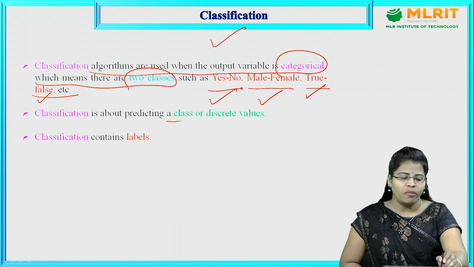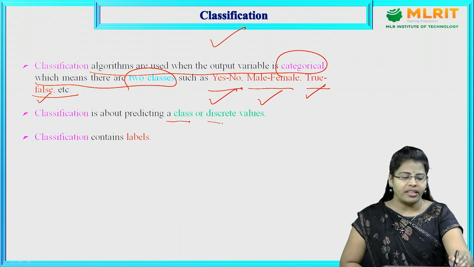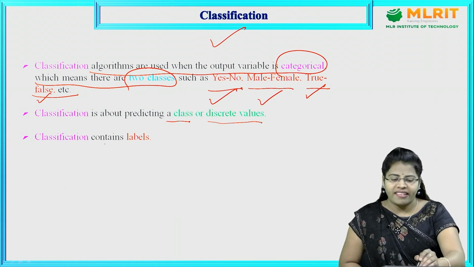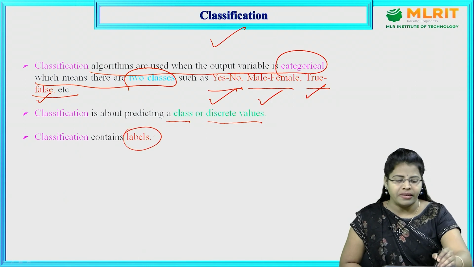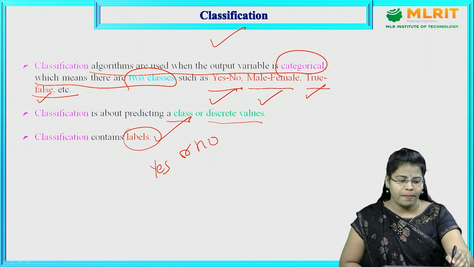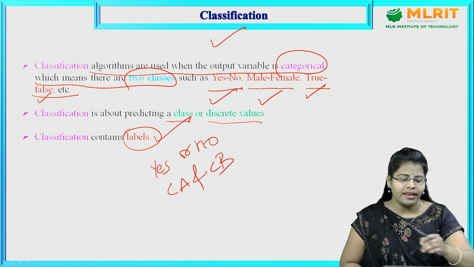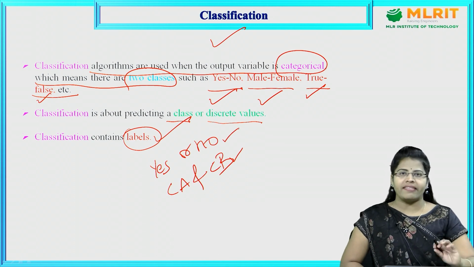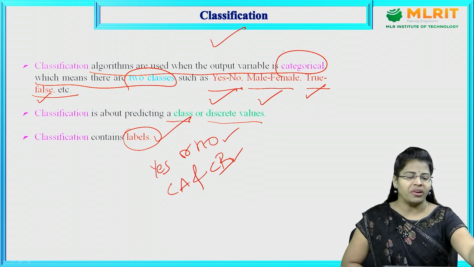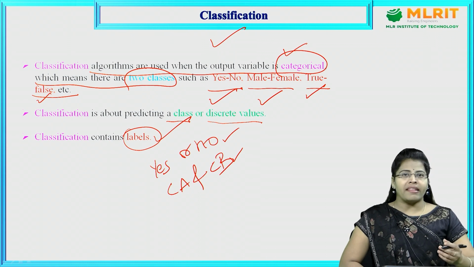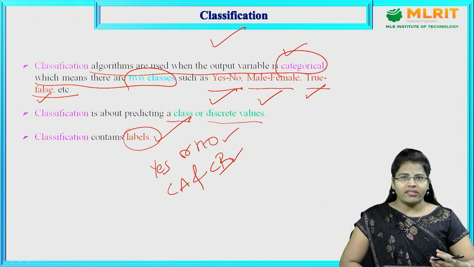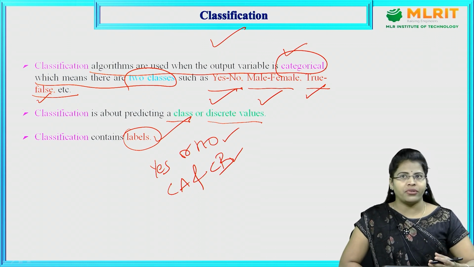Classification is about predicting a class or discrete values. Classification contains labels like yes or no, like class A or class B. The classification has the output as categorical, which consists of two classes like yes or no, male or female, true or false.